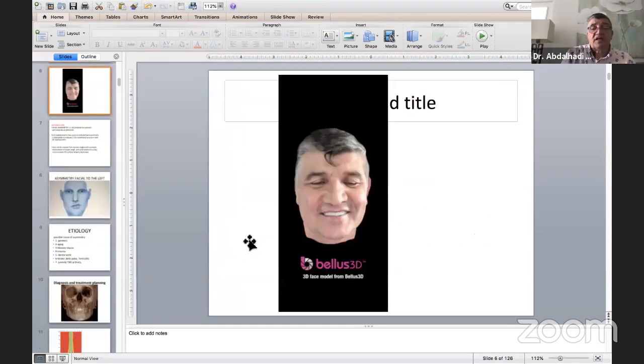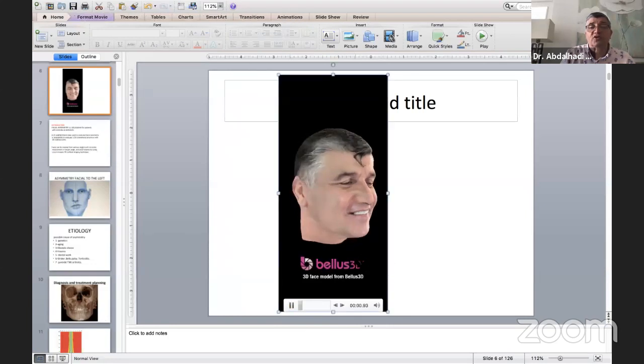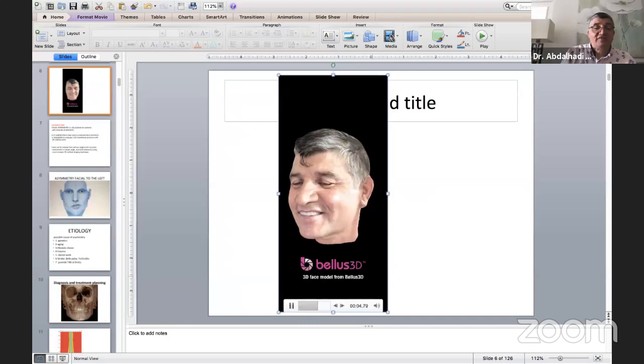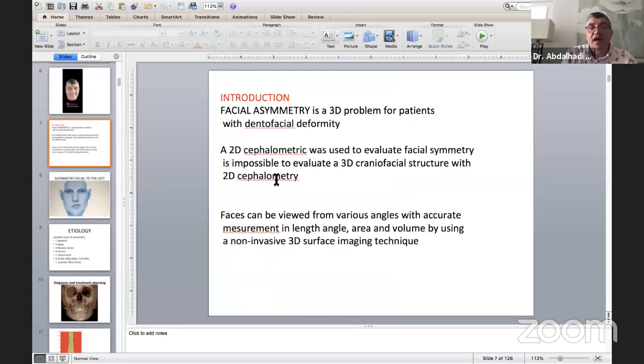So here I show you again this app. You already see it, but I want to show you myself on the left and the right. And we have some introduction that cephalometric in this case of asymmetry is not very effective. So you cannot, based on cephalometric, speak too much about the asymmetry.